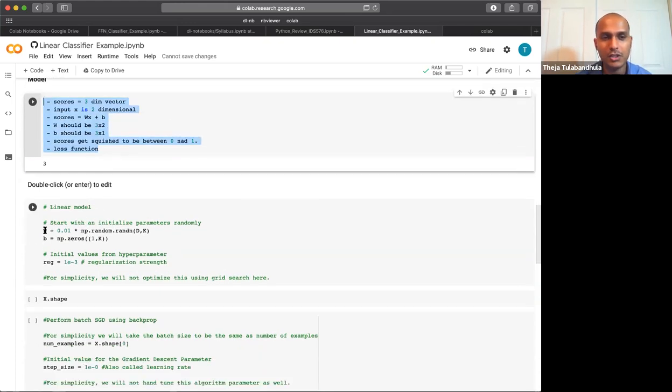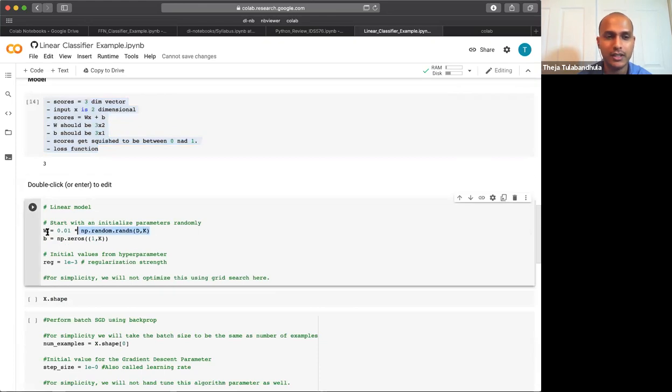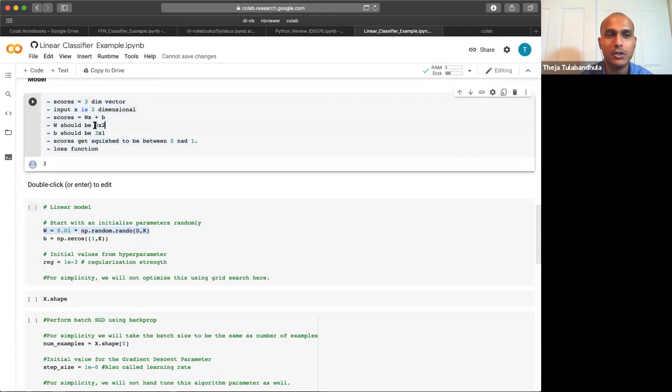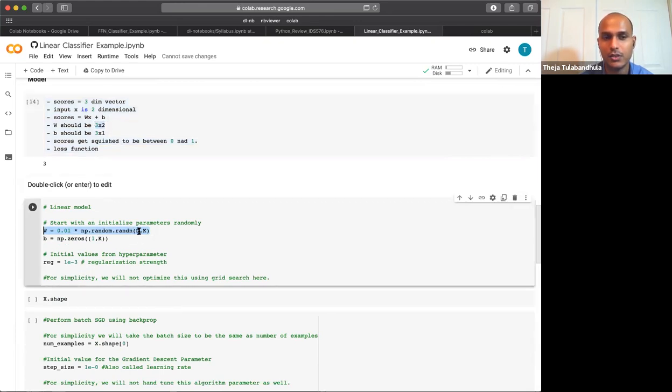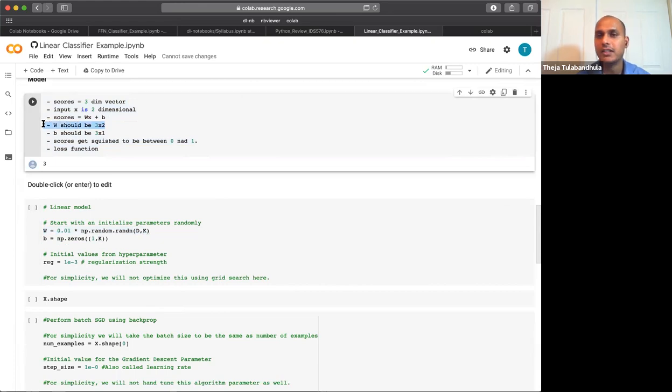But you see here, W is the transpose of it. Why is it transposed? Because W is not 3 cross 2 here. W is 2 cross 3. We saw that D is 2 and K is 3, where K is the number of classes, so it's 2 cross 3. It's a little bit different, and the difference is only because of a transpose operation. Just think of it this way.